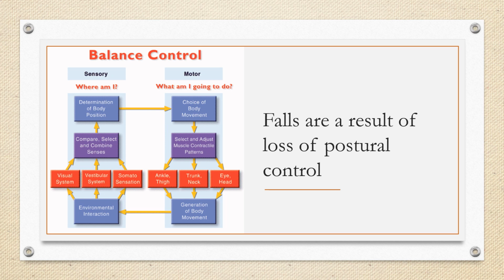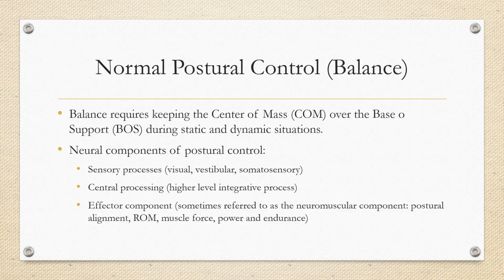The central nervous system integrates, coordinates, and interprets the sensory inputs, and then directs the execution of movements. The neuromuscular system responds to the orders provided by the CNS. Keep in mind that these postural components will degrade with aging, so all the changes we start to see with aging can grossly affect somebody's overall balance.